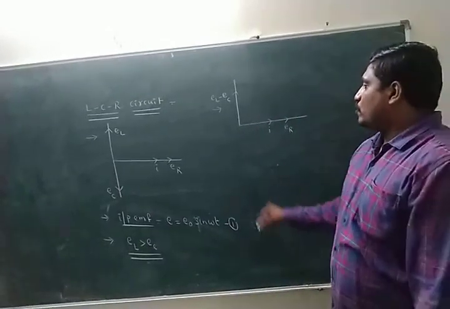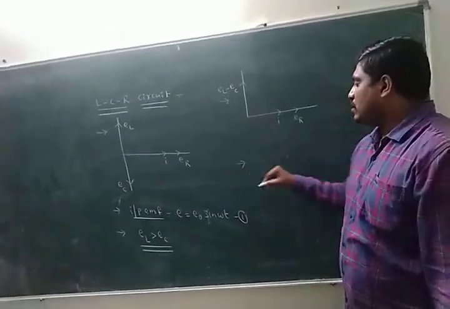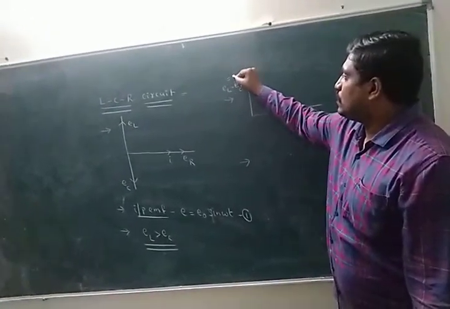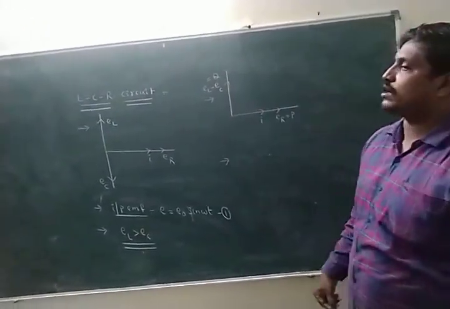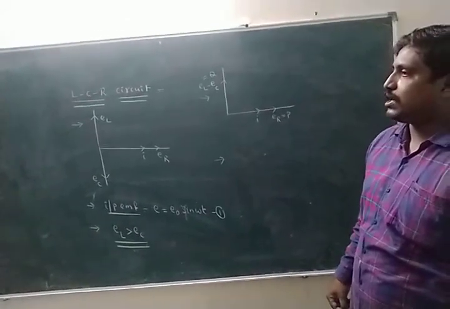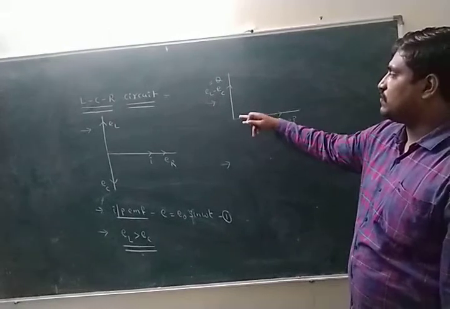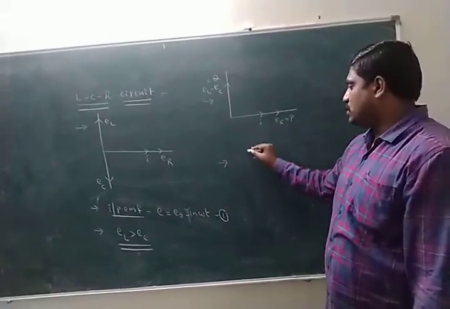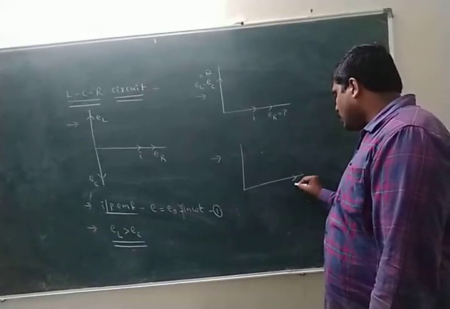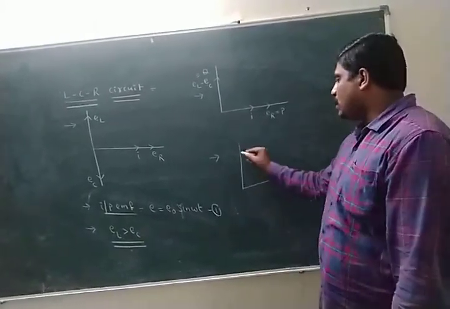Okay? We know that, look here. This is the P. This is the Q. Here two vectors are there. According to the parallelogram law, the resultant always lies between the two vectors. Look here, all of you. This is ER.